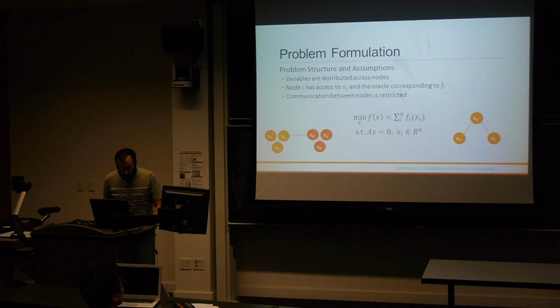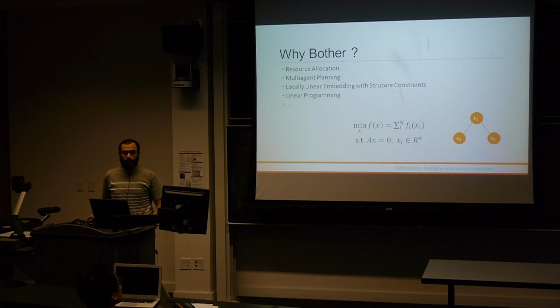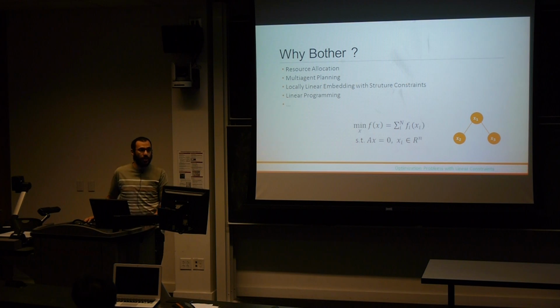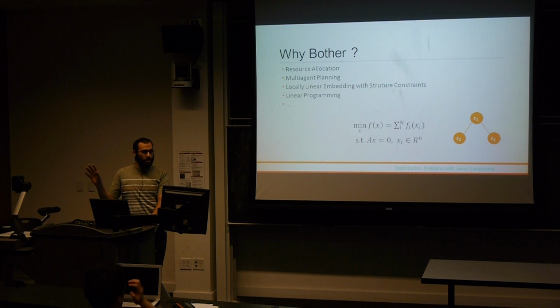So why bother about this class of problems? Well, this class of problems, where you have a decomposable objective and coupling constraints, actually appears in many applications. So for example, in resource allocation, you have a finite amount of resources, and you want to allocate these resources to multiple consumers.